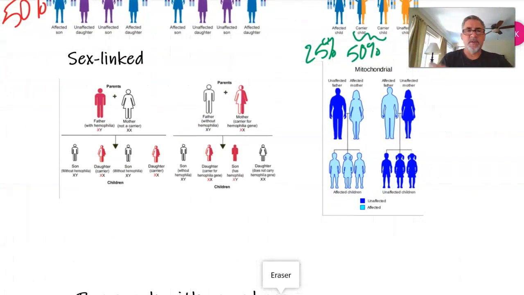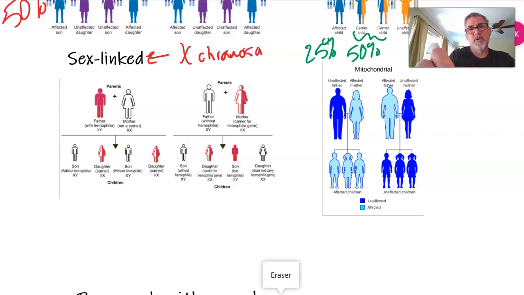When it starts to get different, we get to sex-linked. So sex-linked, right? Really, we're talking about the X chromosome. Not a whole lot on the Y, so the X chromosome.